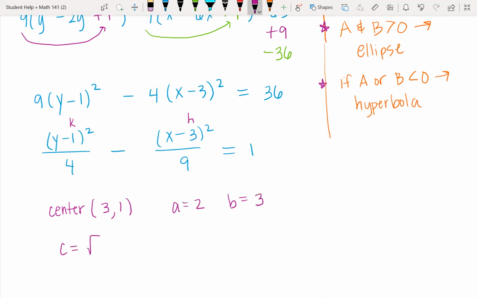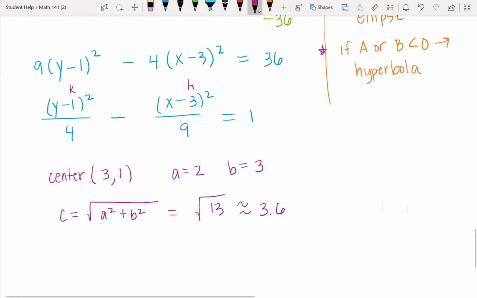C is going to be the square root of a squared plus b squared, which is the square root of 13, which is approximately 3.6.